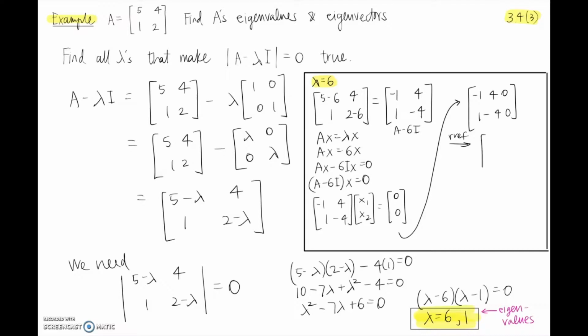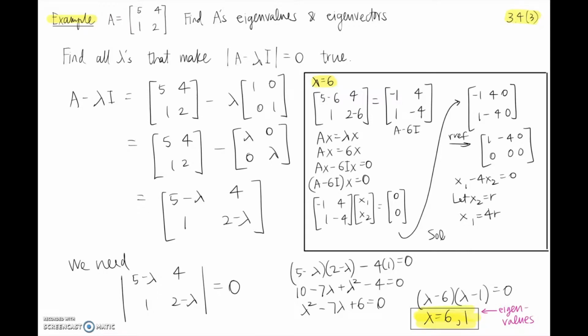And what we get out is the matrix 1, negative 4, 0, and then a bunch of zeros. And we're going to read off the solutions from this. So reading the solutions off of this matrix, we know that x1 minus 4x2 equals 0. So let x2 equal r, then x1 is 4r.